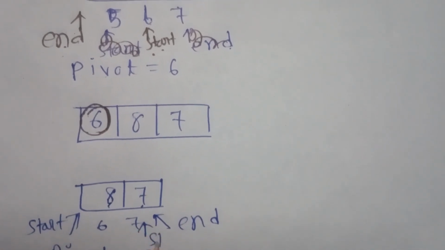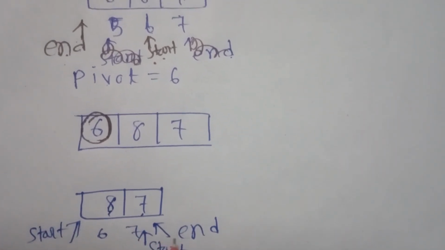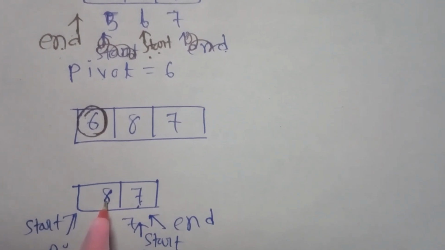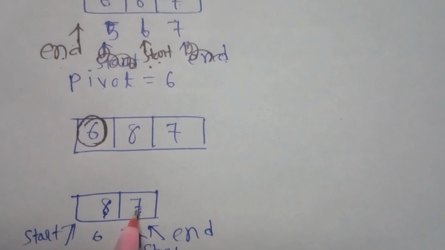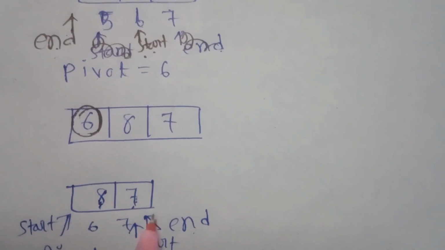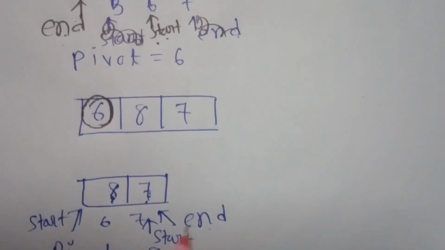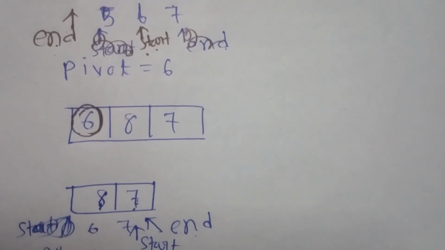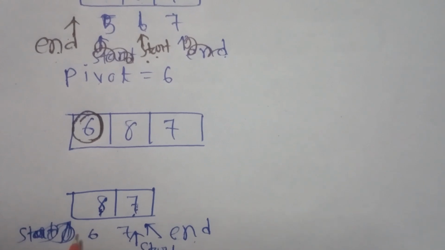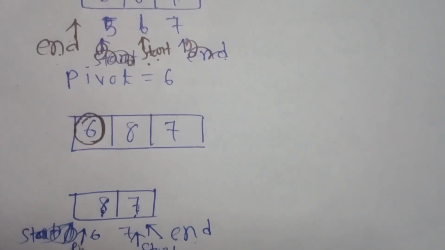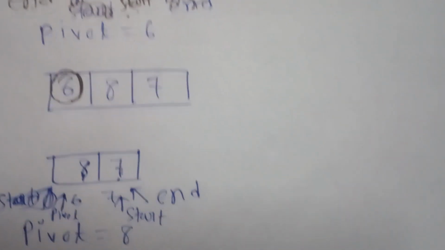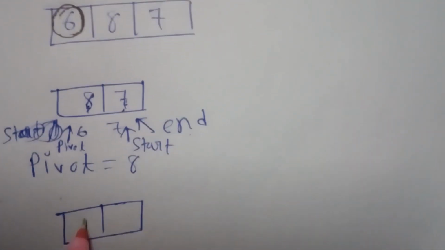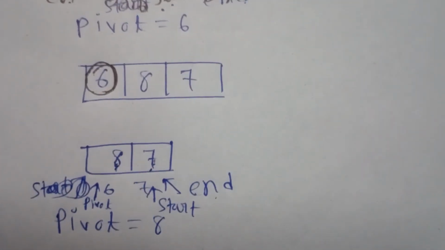So start is here. 7 greater than 8, false. So end is here. Swap between pivot and end. So now the modified array is 7 and 8.